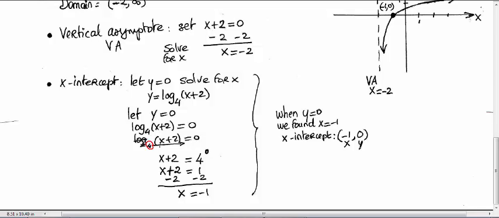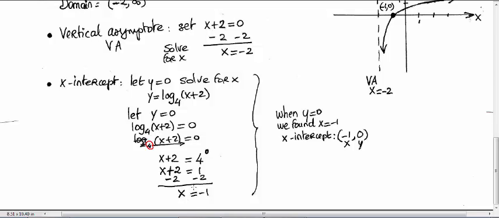So what you have on the left is just x plus 2, the quantity inside the log, and that's equal to 4, the base that traveled to the other side, raised to the exponent 0. So you have x plus 2 is equal to 4 to the 0, which is 1. Then subtract 2 from both sides, and you get x is equal to -1.